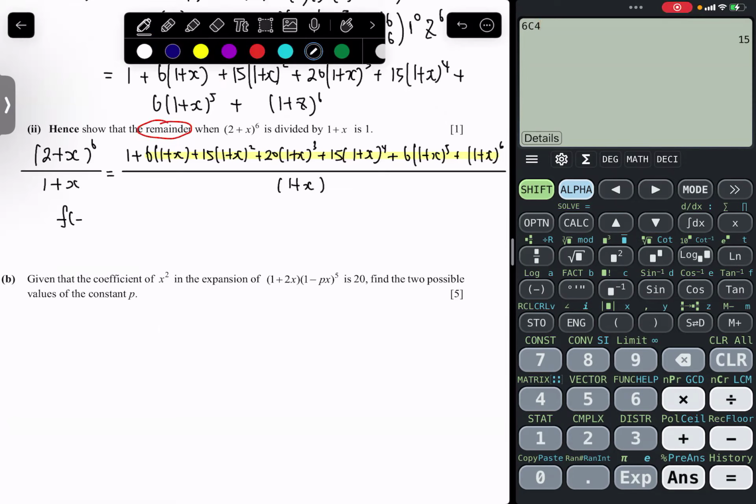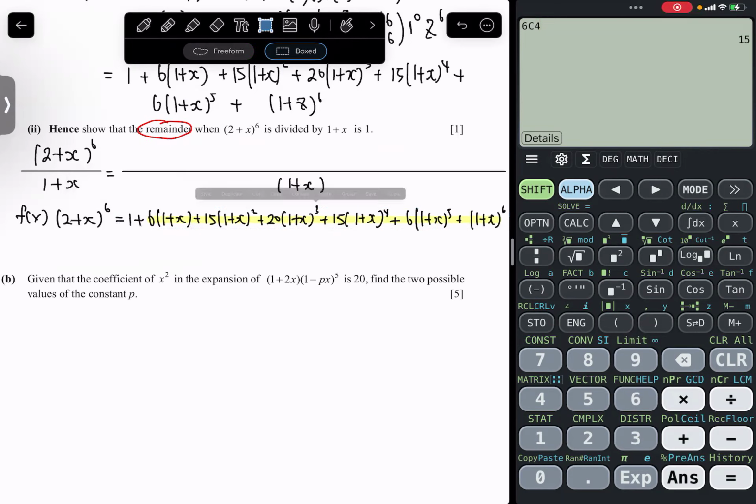So if I take the function of -1, considering (2 plus x) to the power of 6 as f(x), which equals the part in A, I'm not going to write the whole thing, so I'm just going to copy paste it down here.